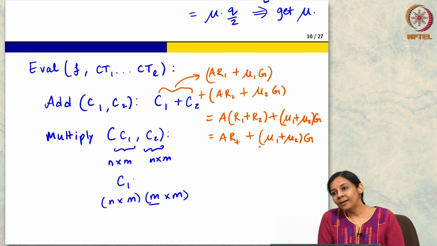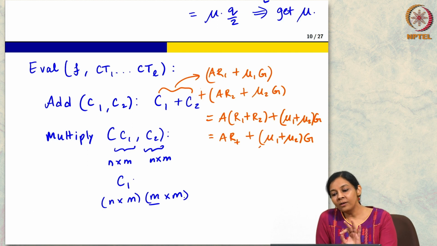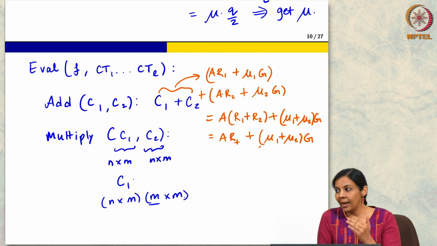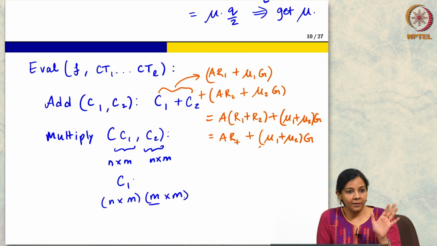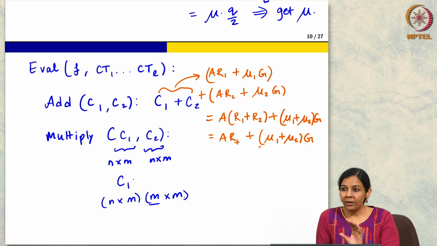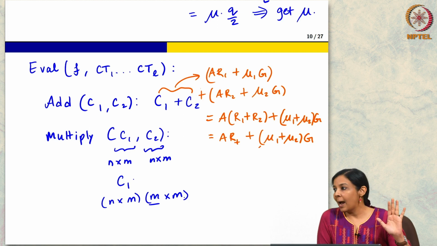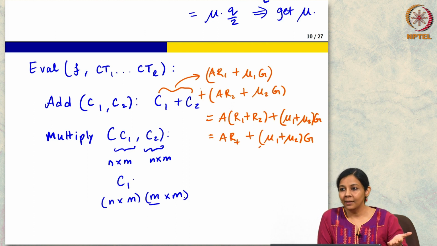Okay, now think like a cryptographer. My C1, what is my C1? It is AR1 plus mu G. A has noise in it, does it not? A has LWE sitting inside it. If I multiply something with noise with something over ZQ, can I ever get back, can decryption ever work?